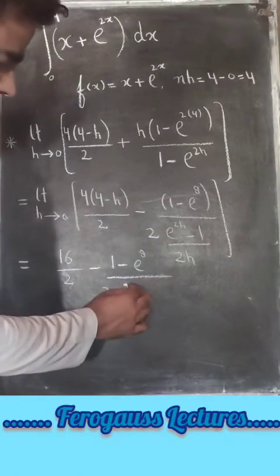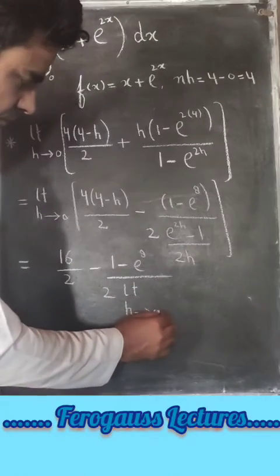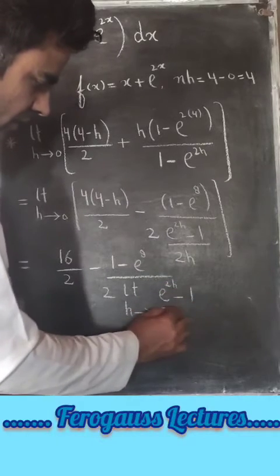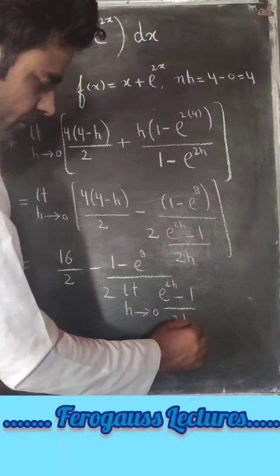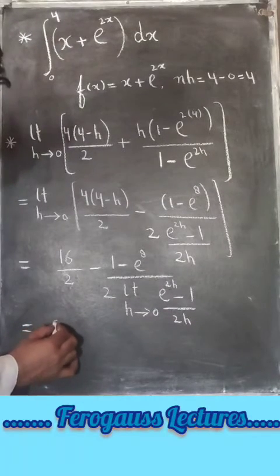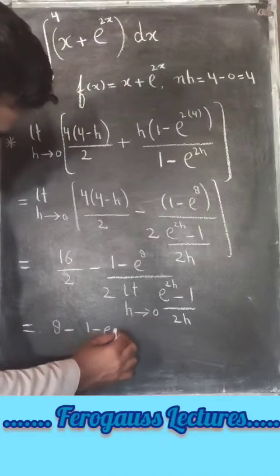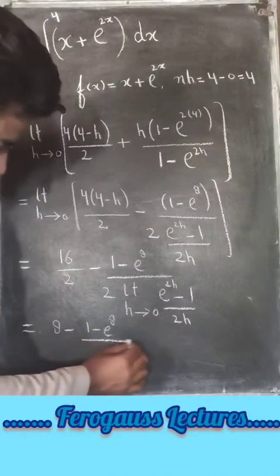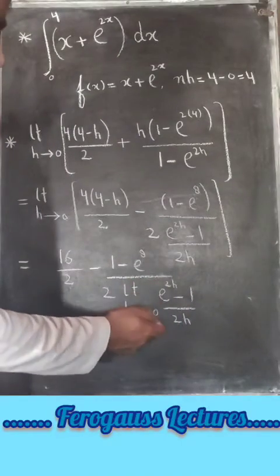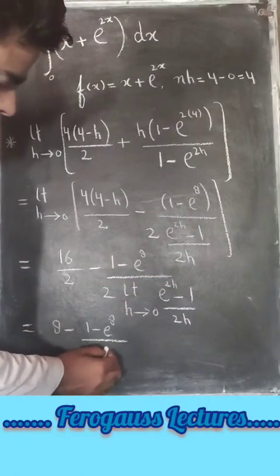Here we have h, so we can write limit h tends to 0 of e raised power 2h minus 1 divided by 2h, that is equal to 8 minus 1 minus e raised power 8 divided by 2. Now this limit, limit h tends to 0 of e raised power 2h minus 1 divided by 2h, is equal to 1.